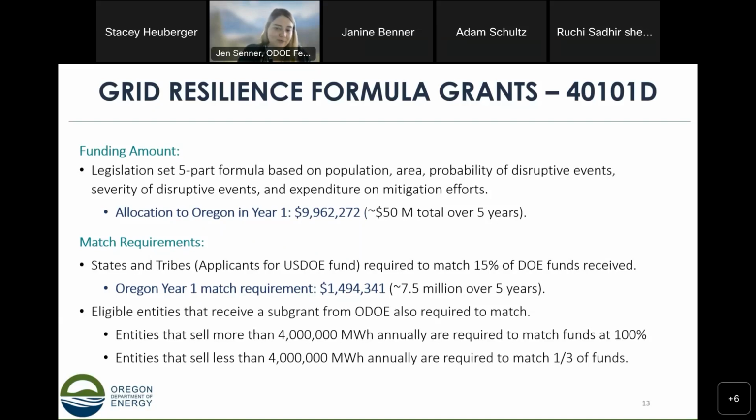So the subrecipient match will be based on the size of the eligible entity, and that's based on their sales of electricity per year. And so you can see the threshold there is 4 million megawatt hours. If an entity is above that, they have to provide match at a 100% rate. And if they are below that, they have to match at a rate of 1/3 of the federal funds.